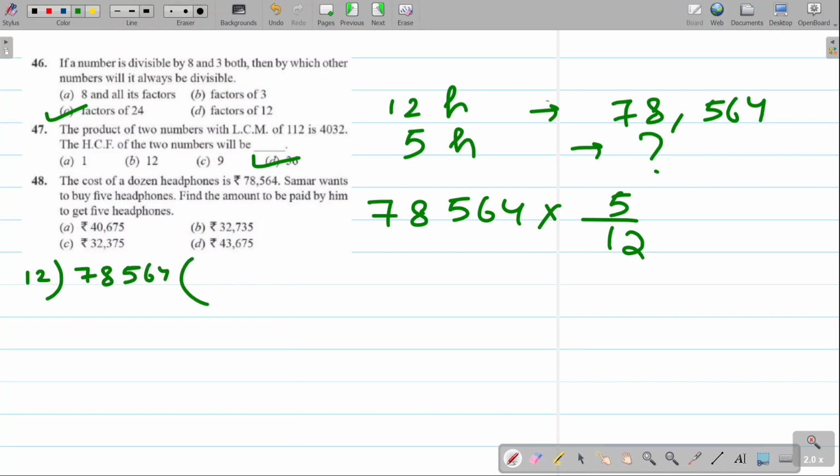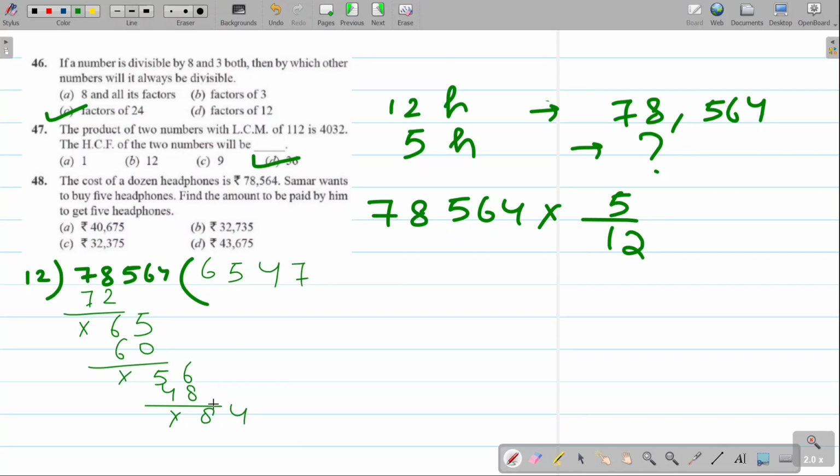78564. Let me change the pen size so that I don't take a lot of space. 12 6s are 72, 12 7s are 84. Okay, 12 5s are 60, 12 4s are 48, and 12 7s are 84.